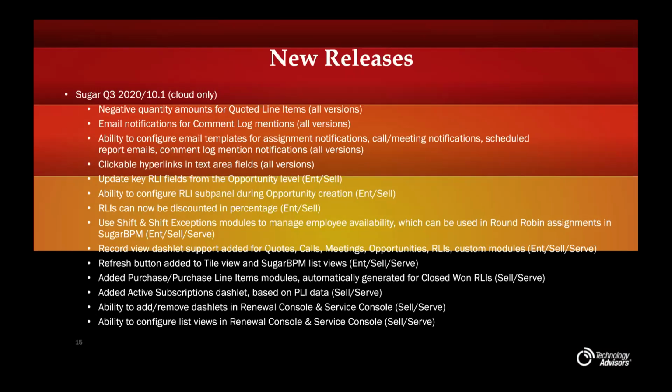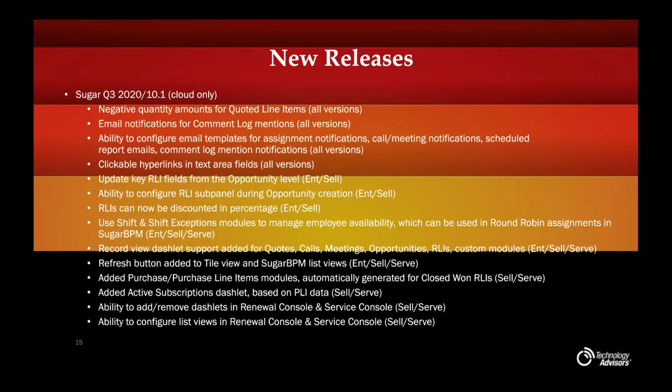The Sugar Q3 release, the 10.1 release, came out about 3 months ago. There were quite a few different enhancements in this version. You have new options for system email templates being modified, so you can change the messaging on those internal emails. The ability to do clickable hyperlinks in text area fields.